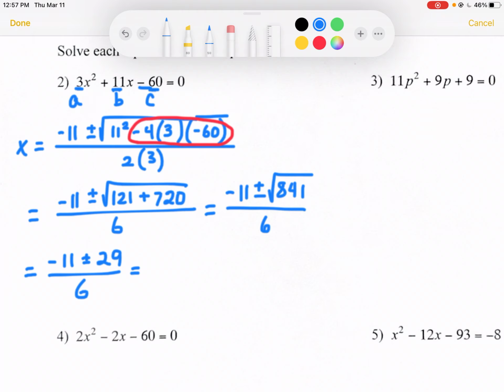So you're going to type in negative 11 plus 29. You'll get 18 over 6, which is really just 3. And then negative 11 minus 29, which is negative 40, over 6, which if you reduce that, reduces to negative 6 2/3.